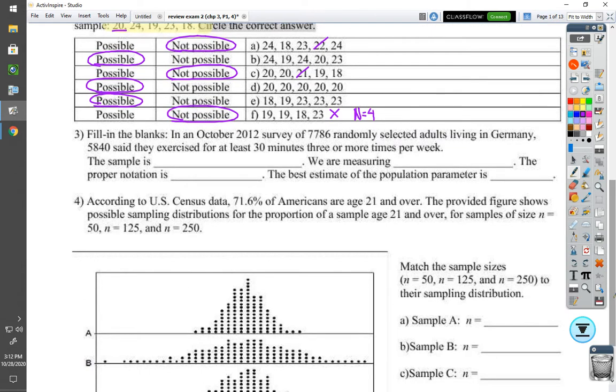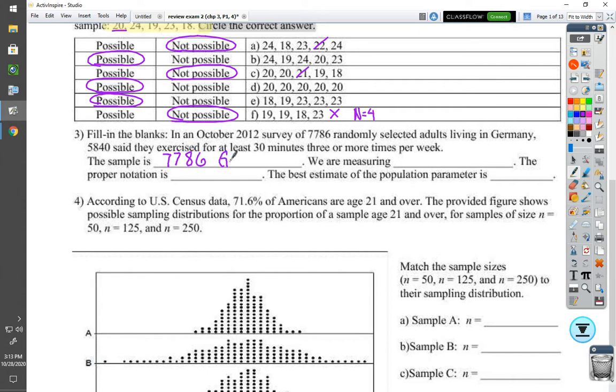Question number 3, fill in the blank. In October of 2012, in a survey of 7,786 randomly selected adults living in Germany, 5,840 said that they exercise for at least 30 minutes, 3 or more times per week. The sample taken is from the value, so when we are sampling, we are sampling 7,786 Germans.